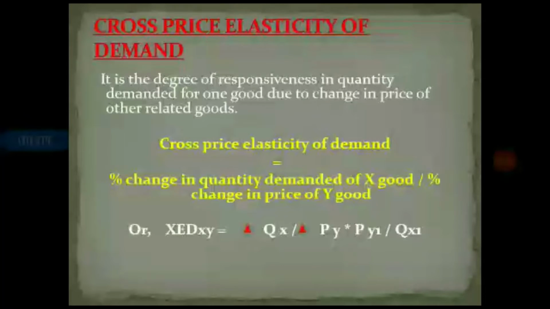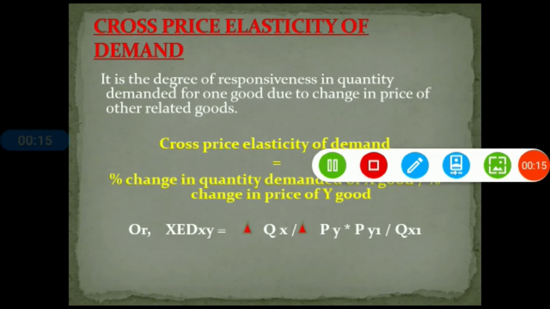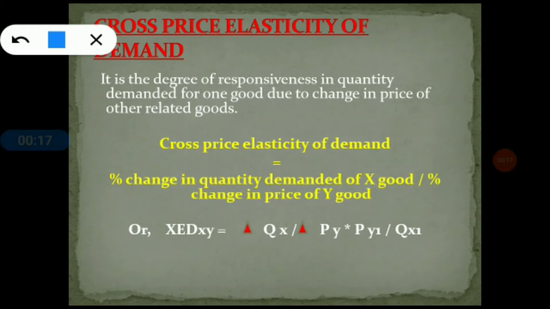So here this is the new slide, where we can see the cross price elasticity of demand, and this is the last type of elasticity of demand. So do you have any idea, learner, what do you mean by cross price elasticity of demand? Cross price elasticity of demand is the degree of responsiveness in quantity demanded for one good due to a change in the price of other related products.